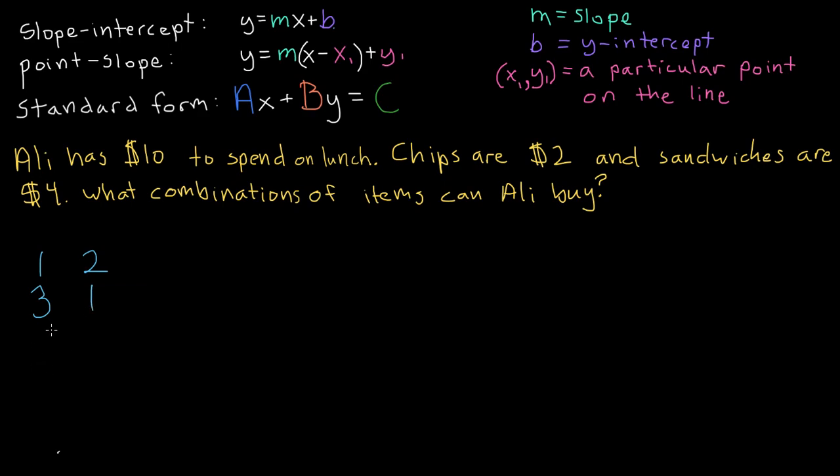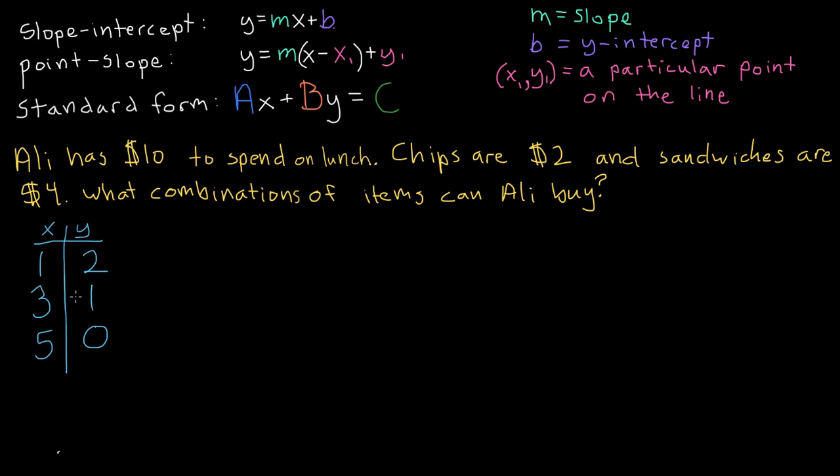If Ollie bought 5 bags of chips, that would cost $10, and so Ollie would have no money left over to spend on sandwiches. So with this table, we could think of each of these numbers as the x and y values of the standard form of the equation.